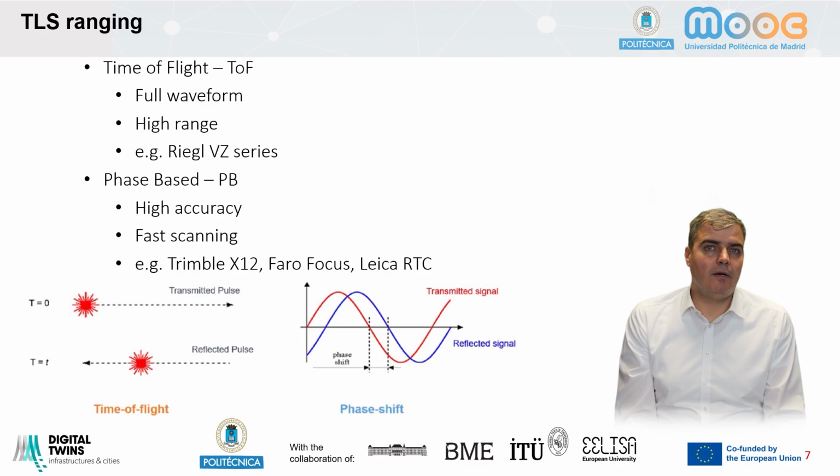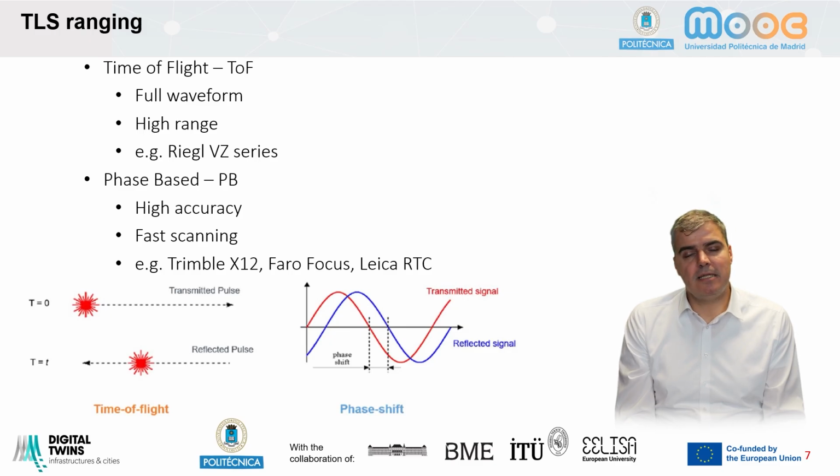The other method is the phase-based system, where we measure the phase shift of the reflected signals. That's not an easy task because we need to modulate the amplitude of the waves emitted and reflected.